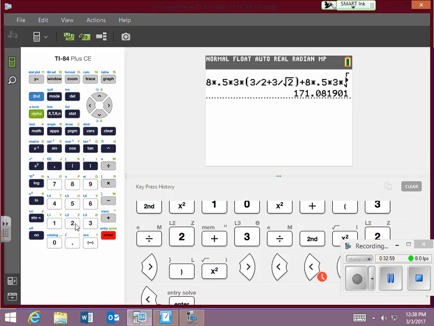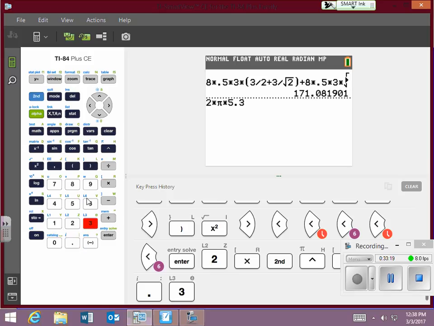it's 2 times pi times 5.3 squared. So that's the two bases. And then it's going to be the circumference.